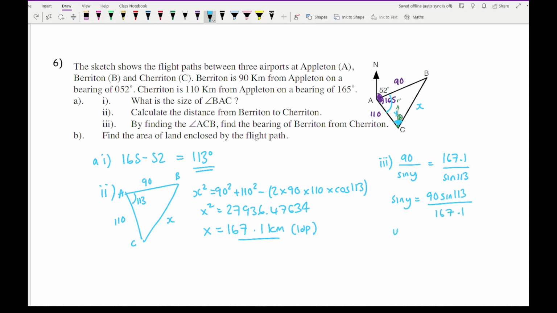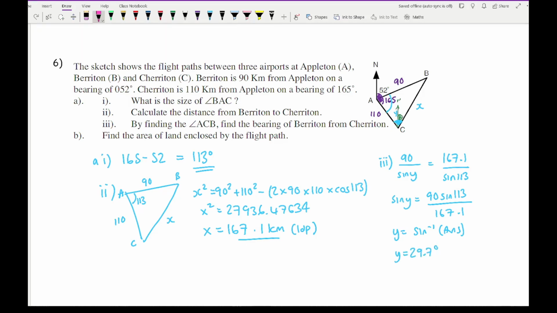And so y equals the inverse sine of the answer to that. So if I type that into my calculator now, the inverse sine using the fraction button, and I get an answer of 29.7.